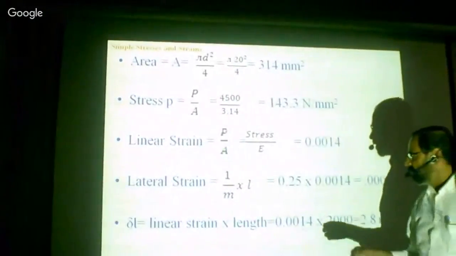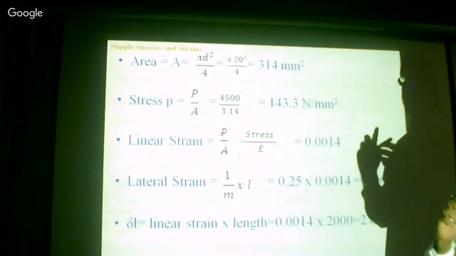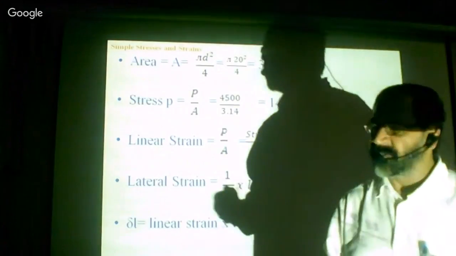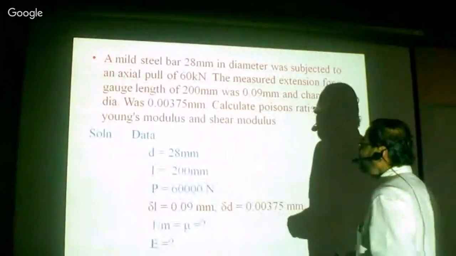Then our problem is solved. They asked to calculate the change in length and the change in diameter. Very simple problem. Don't forget the stress, strain and Young's modulus and all those things.